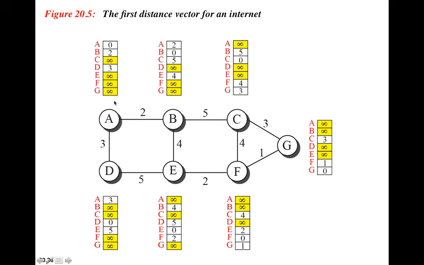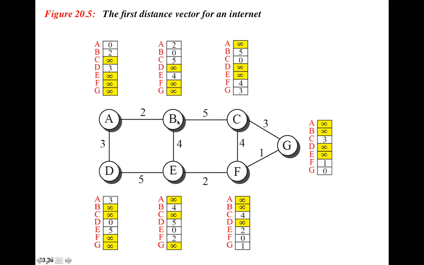So in this case, if you see A's distance vector, A to A is 0, A to B is 2. Now because C is not A's neighbor, A has inserted an infinity in its place. A to D, D being a direct neighbor of A, is 3, and the rest are all infinity.